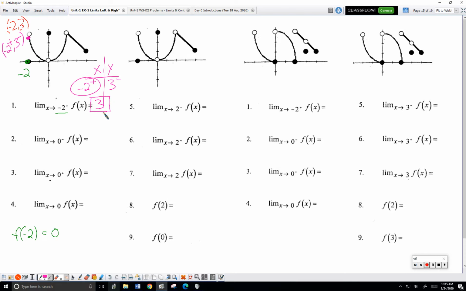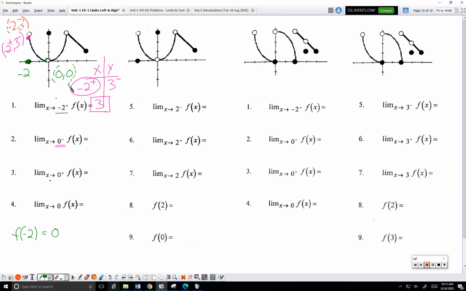When x gets close to 0 from the left, I look up at my board and I find the open circle. That's not what I'm looking at again. That open circle is missing if there's nothing there. The location of that open circle would be 0, 0. I'm not looking at the open circle.